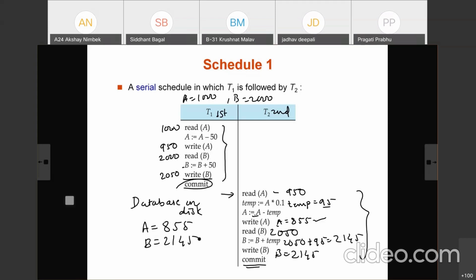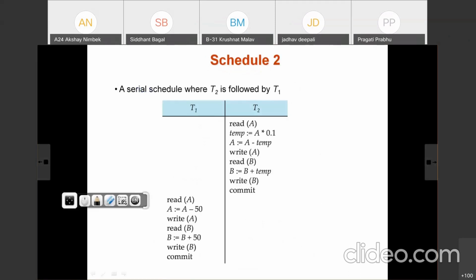Now calculate the addition. It is 3000. And what was it prior to the execution? 3000. So it results in data consistency. It executes the first transaction T1 and then transaction T2 serially, one after another.